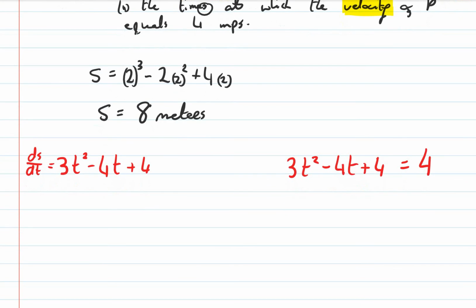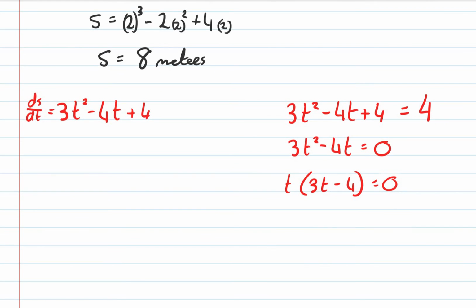So if we work back here, we simplify this. Take 4 away from both sides. We get that. Okay, we can factorize then. The only thing I can take out is t. We have 3t minus 4 equals 0. Let both of them equal 0 then, so t equals 0 and 3t minus 4 equals 0.